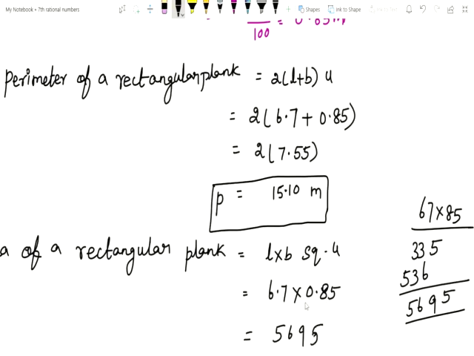So here 2 decimals, here 1 decimal. Totally 3 decimals you have to keep. Meter square. So what is the area?